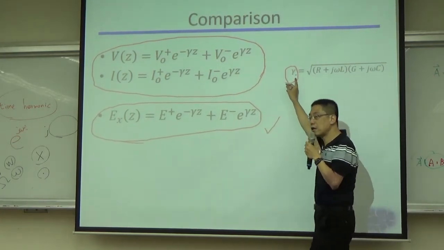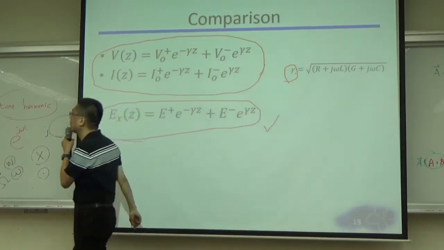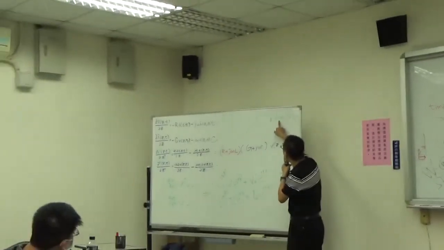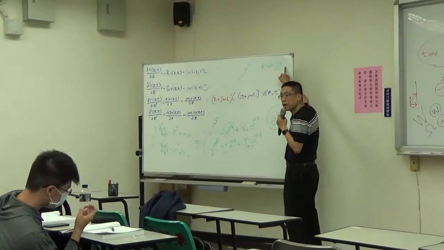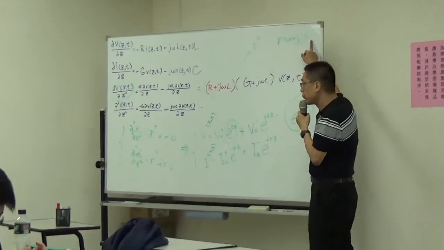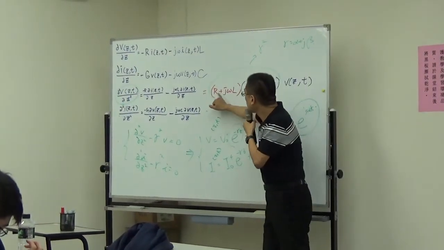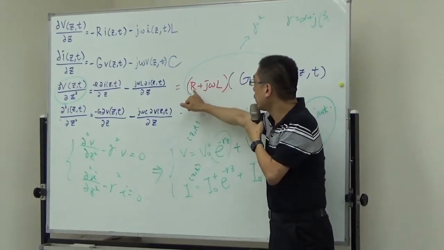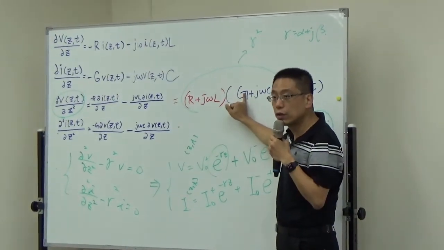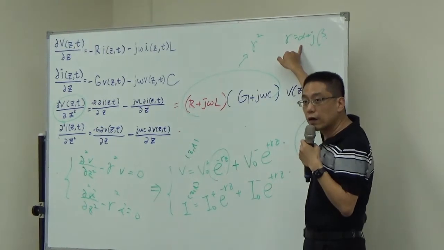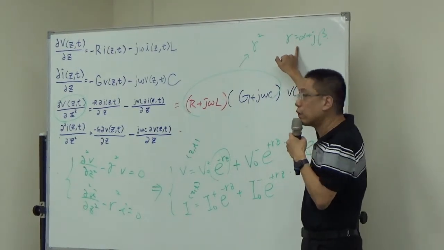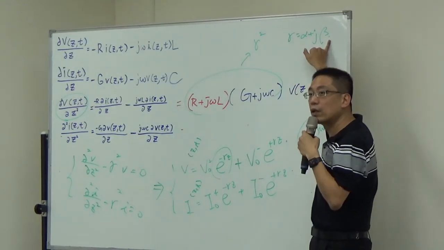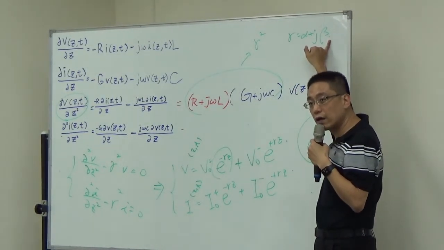Furthermore, as I said, gamma equals alpha plus j beta. If R and G equal 0, if you don't have R and G, you don't have alpha, and gamma will equal j beta only. And this is a lossless transmission line.